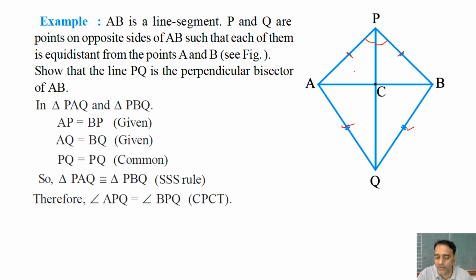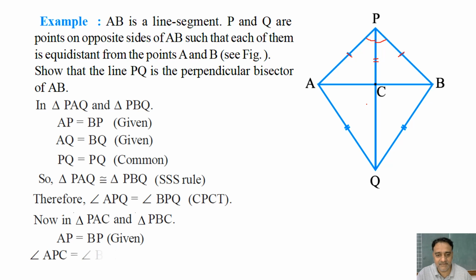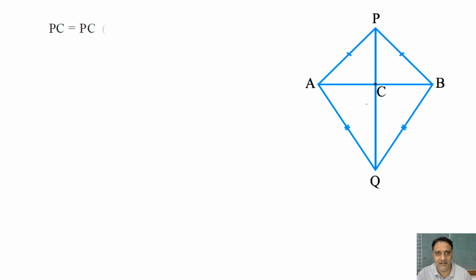Now we will take these two triangles, PAC and PBC. We are going to prove these two small triangles congruent. Look carefully: these two sides are equal, given, and these two angles are equal, already proved, and this is the common side, PC. Understood? I am repeating: these two sides are equal, it is given, and these two angles are equal, proved above, and this is the common side.